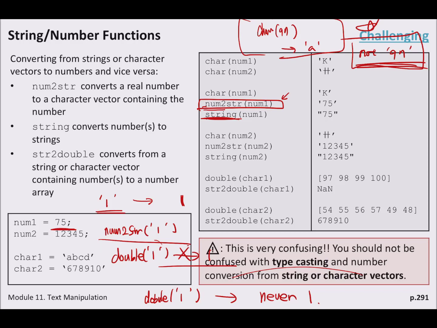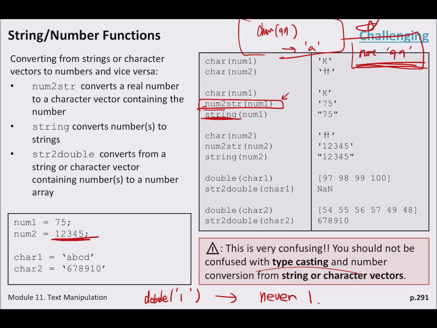What about 1000? It's a big number, right? So if you do char of this number, what is this one? It's a symbol, the equivalent symbol.